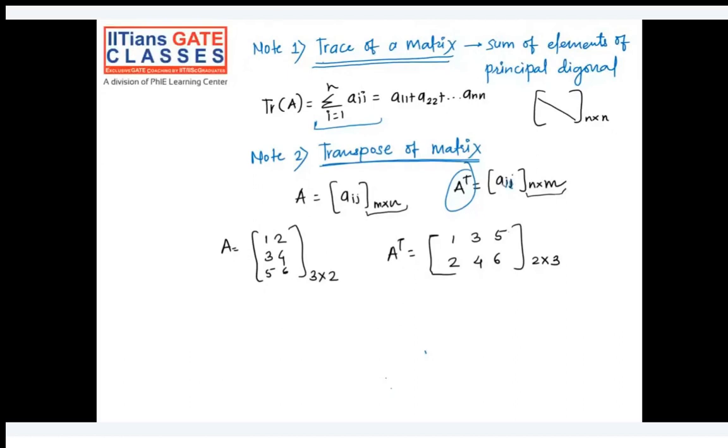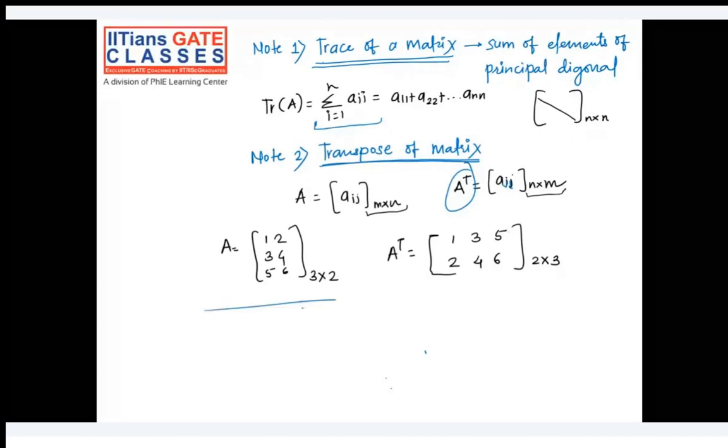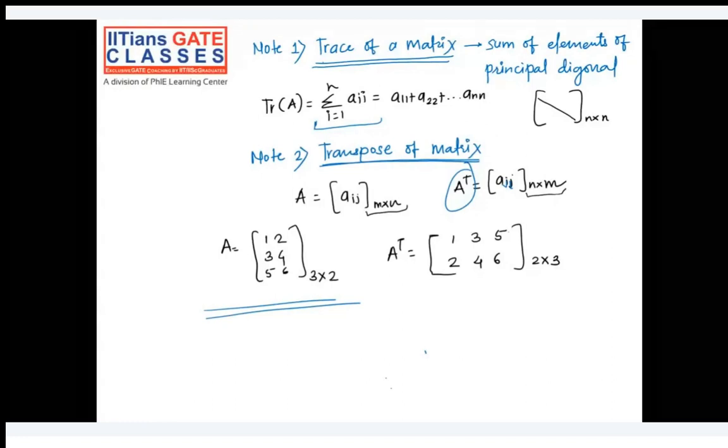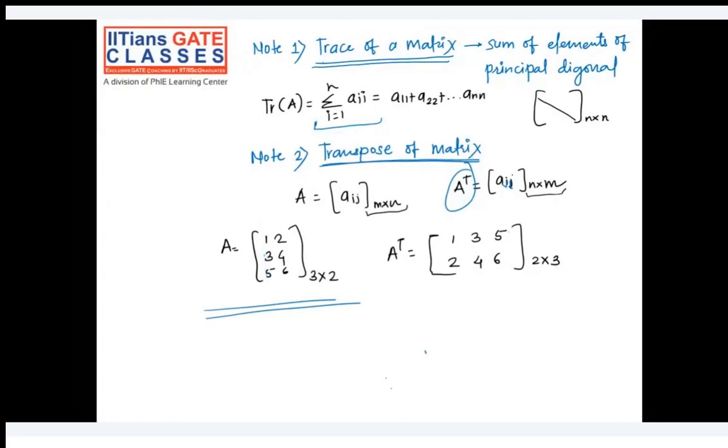So for example, let's take this example. We have a matrix A in which 3 rows and 2 columns are there. So if you take a transpose of it, you will end up with a 2 cross 3 matrix. This column will become the first row, second column will become the second row. So like this, arrangement will change.